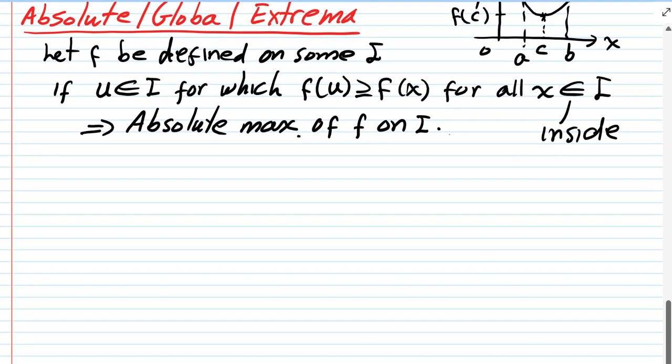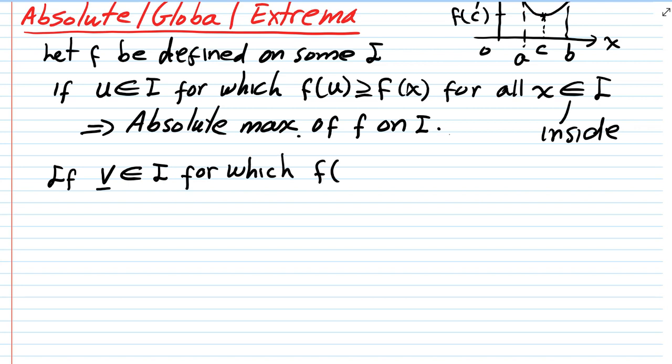Now the other way to look at this, for the minimum, this time instead of u, I'm going to use v. Suppose v is inside of the interval for which f at v is less than or equal to any other f of x, for all x in I, not in an open interval but over the entire domain.